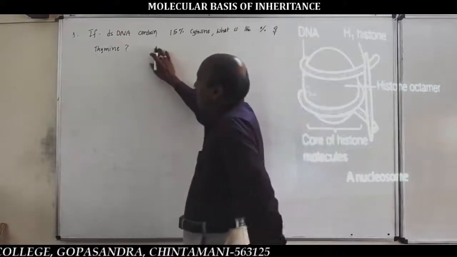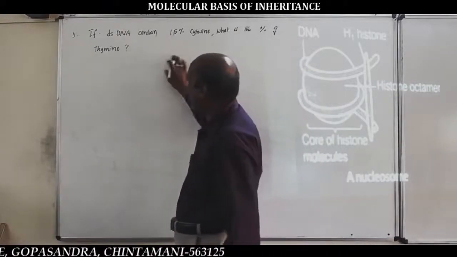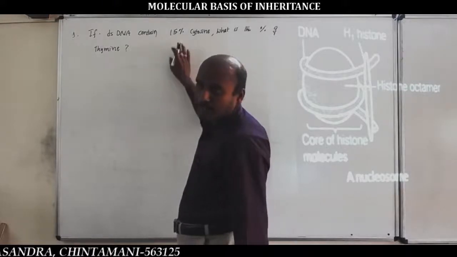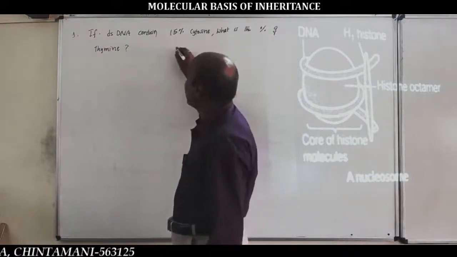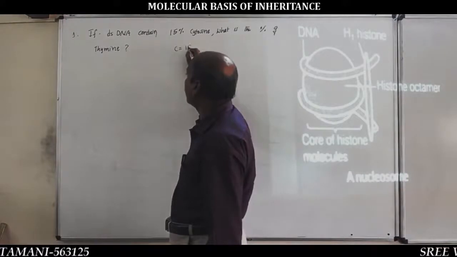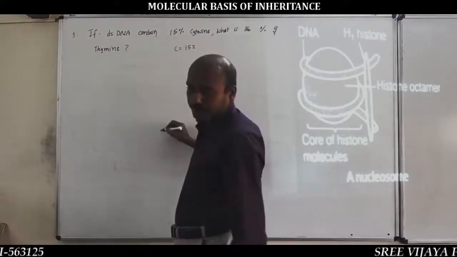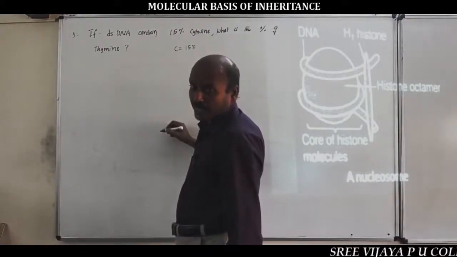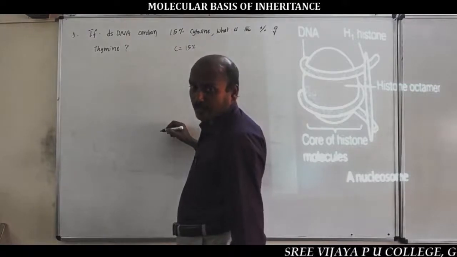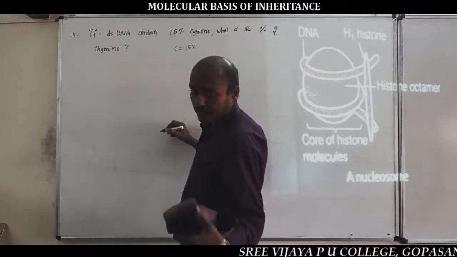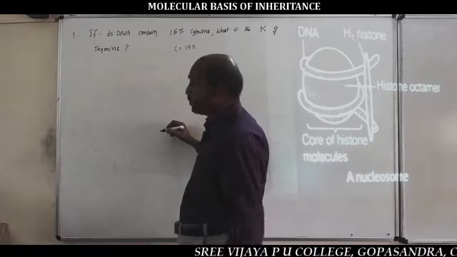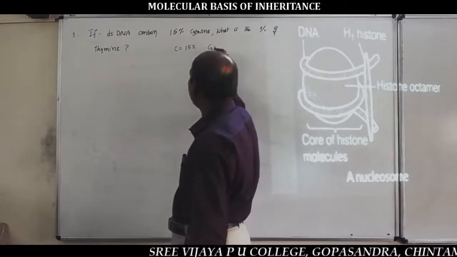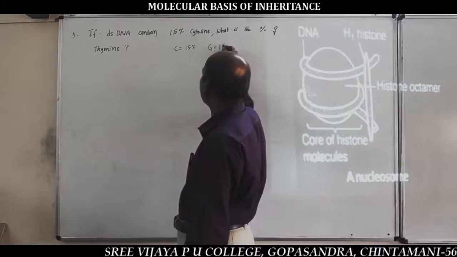So, in the problem, in the data, they have given the percentage of cytosine. Your C value equals 15%. Whenever C equals 15%, automatically we have to understand the value of G, guanine, is also 15%.